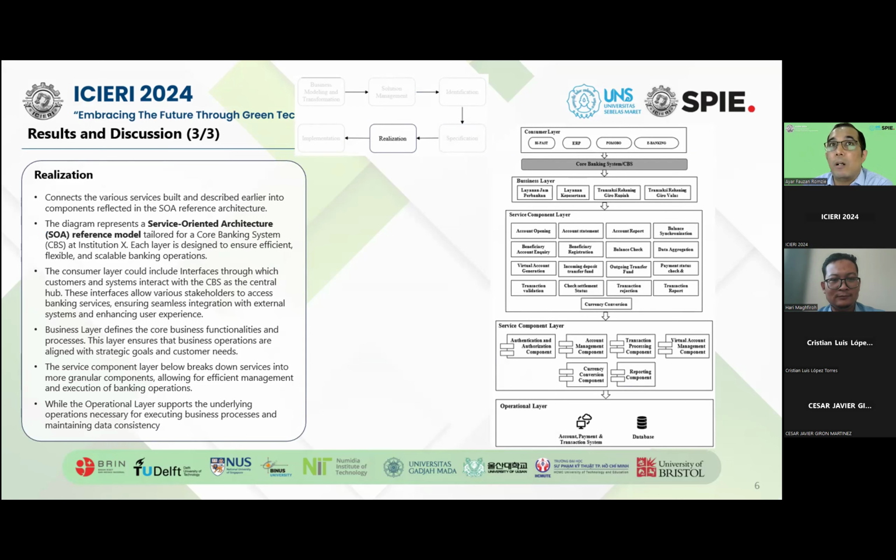So in our research, we are taking a qualitative approach, and we are asking the sources to ensure that this SOA architecture framework that we are providing fits for Institution X.